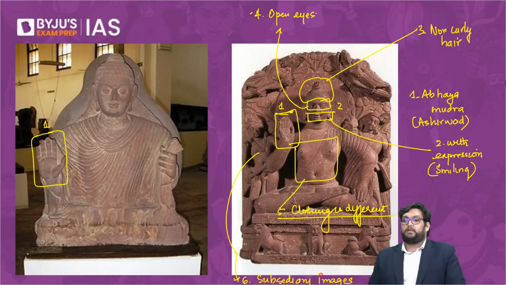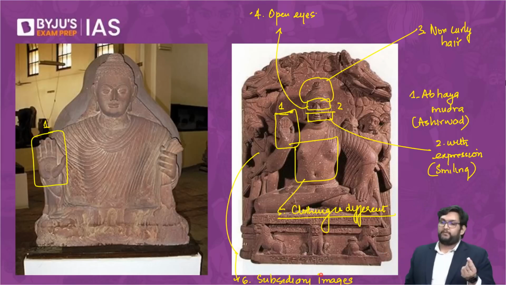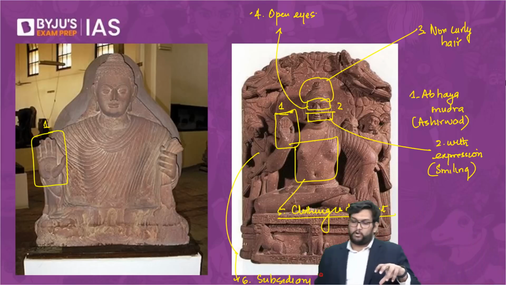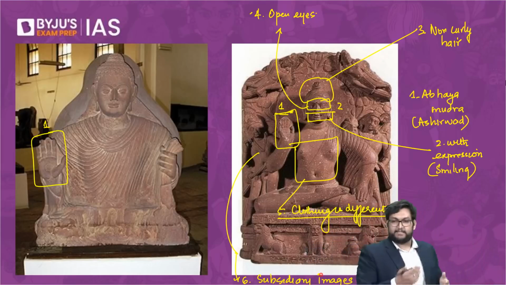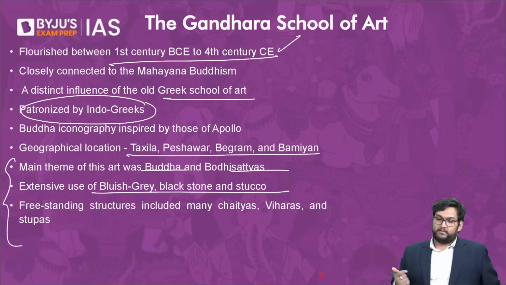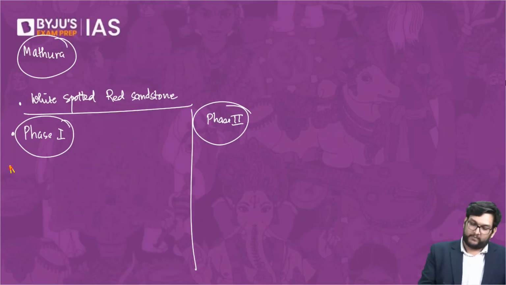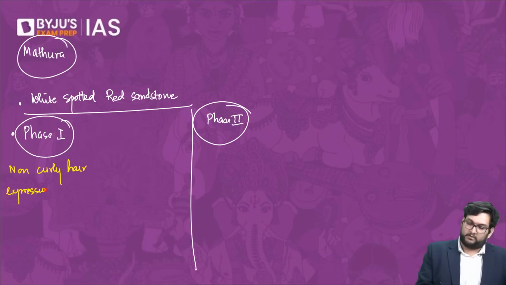Now if I actually talk about the next set, we can write it down here. We have non-curly hair, expression of Buddha, which is smiling.